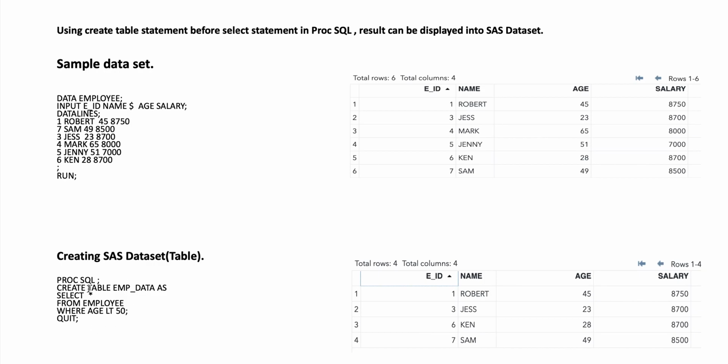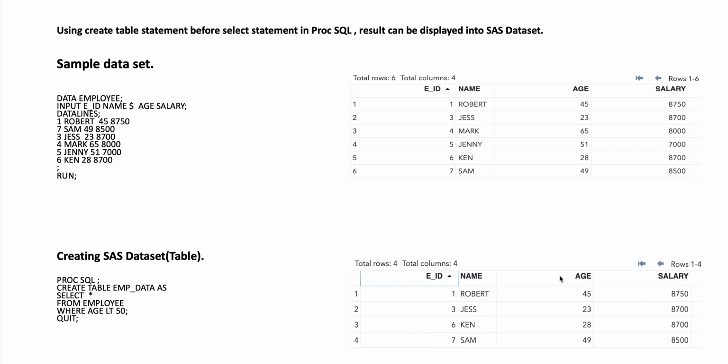This code is asking to select all variables from the employee table where age is less than 50 and convert this result into a SAS dataset. The table name is emp_data. When we run this second set of code, we get the result shown on the right side in the second table, where it has 4 variables, EID, name, age, salary, and 4 records.